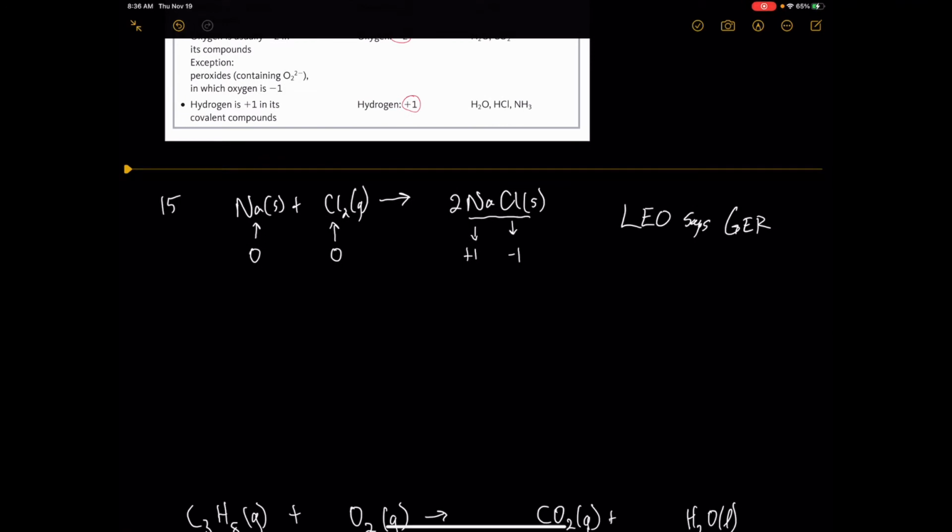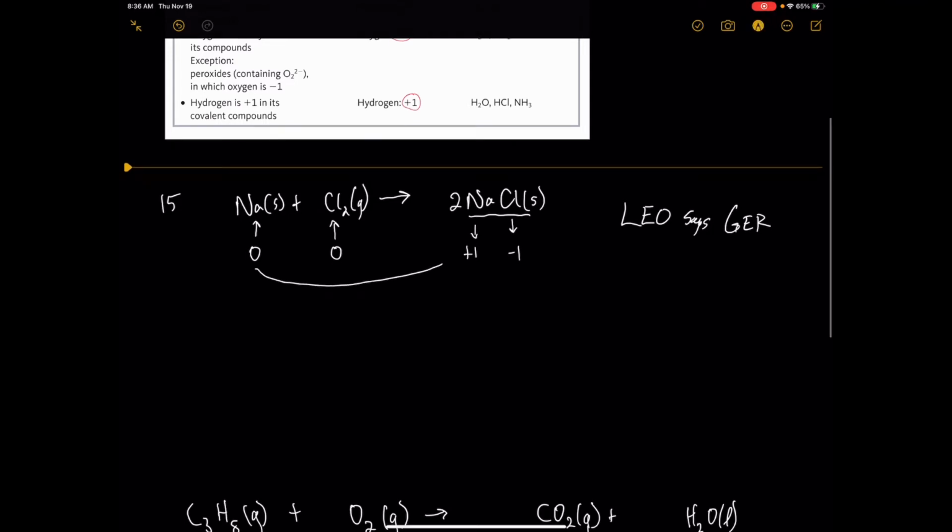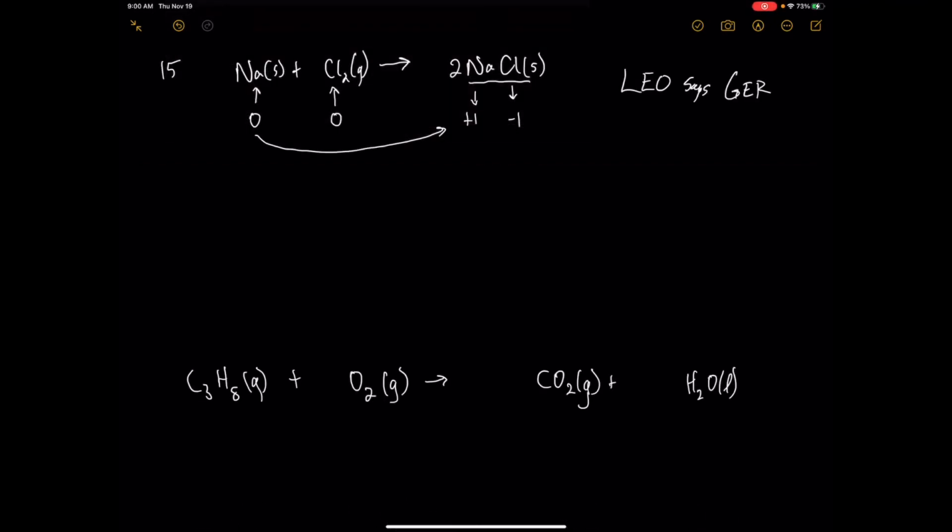So when we're looking at the gain or loss of electrons, I see sodium's oxidation state changed from 0 to +1. That means that it has actually lost an electron because it became more positive. If it loses an electron, it is oxidized, okay?